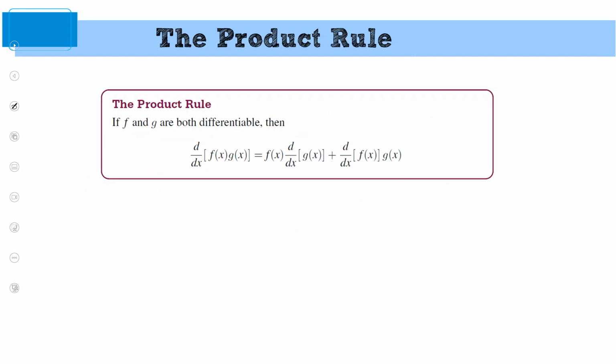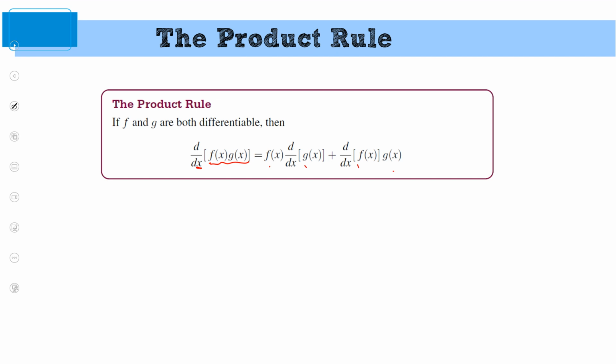Okay, so there it is in fancy schmancy in the maroon rectangle that we've come to know and love. If you're taking the derivative, remember the notation here. The derivative of this with respect to x, so x is our variable, is the first times the derivative of the second plus the derivative of the first times the second.